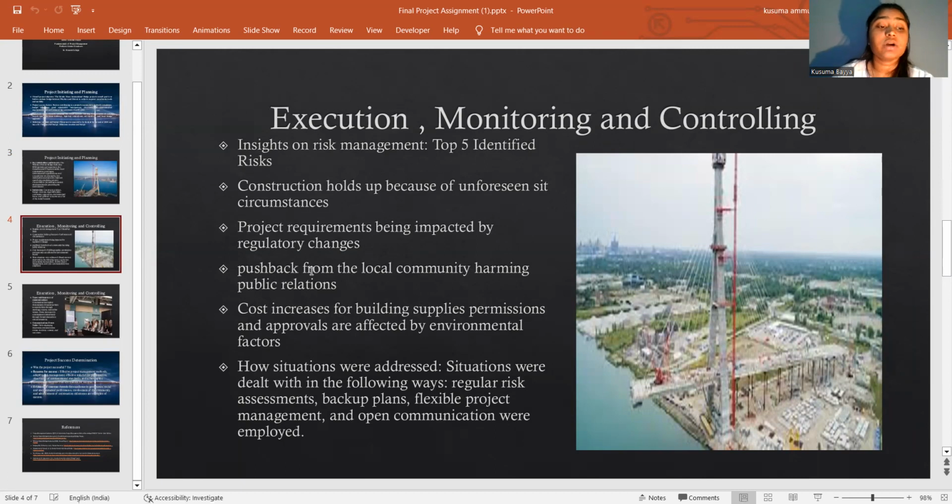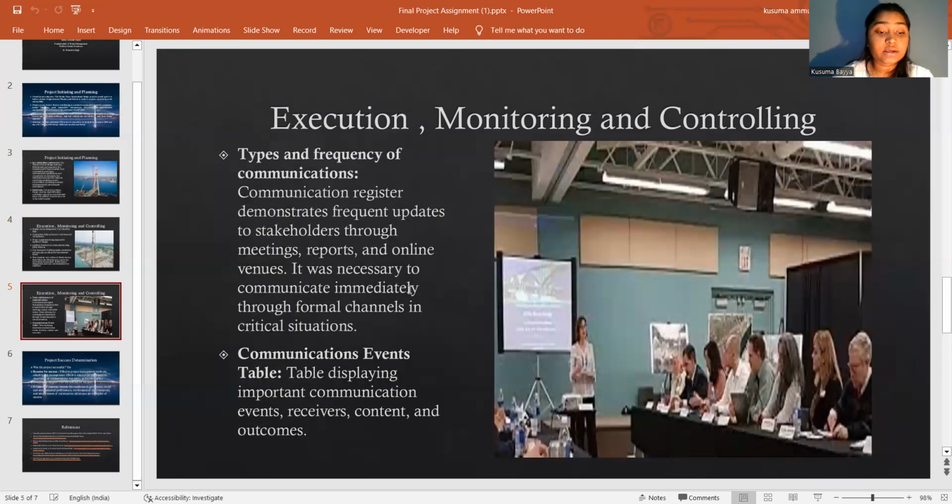So, and then in this, the types and frequency of communication. The communication frequencies also play a major role in this. Effective communication was facilitated by a communication register.